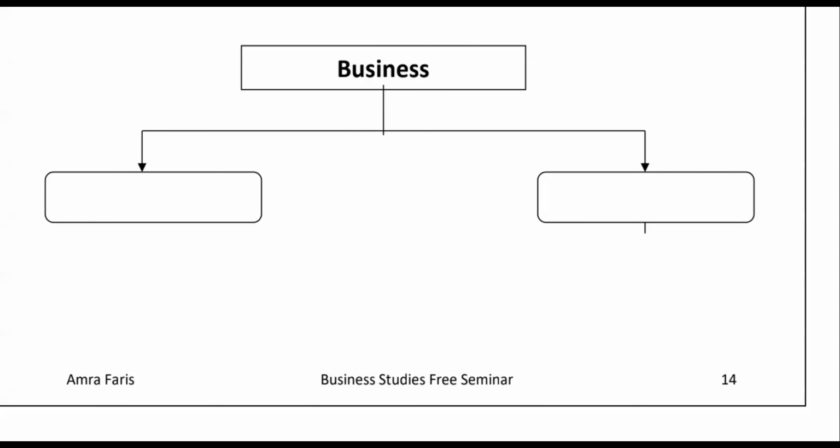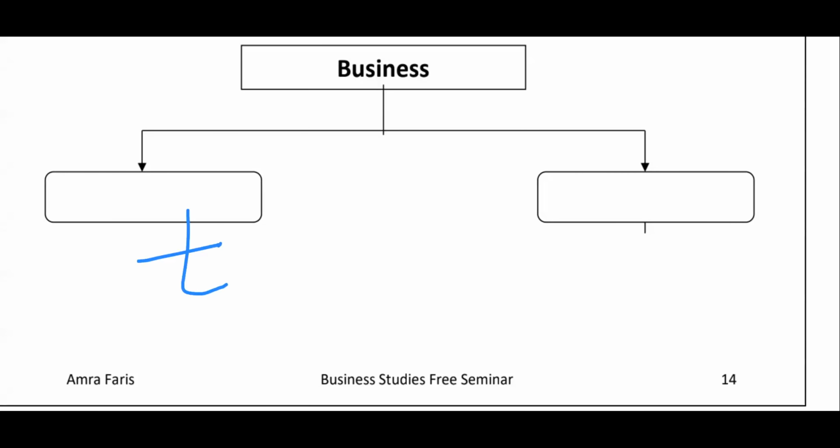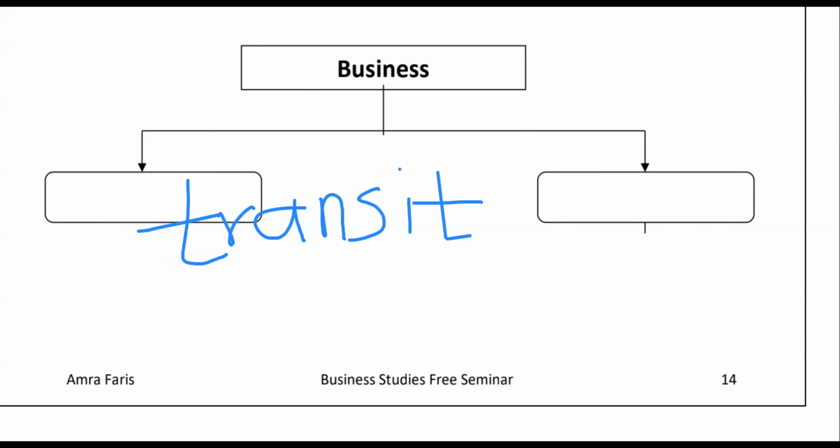Seventh one, money in transit insurance. Okay, goods in transit and money in transit insurance. The last one is fire insurance. Anything apart from life insurance. Okay, fire insurance. These are the general insurance.